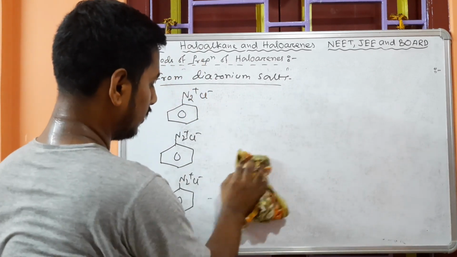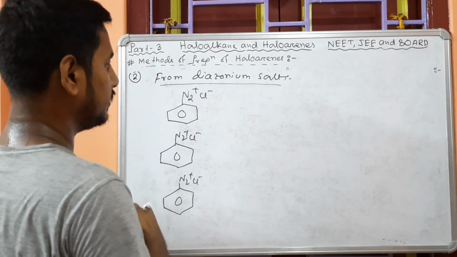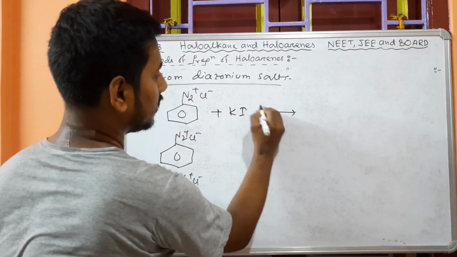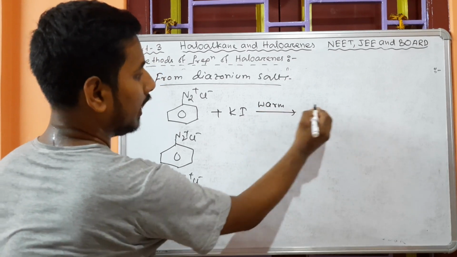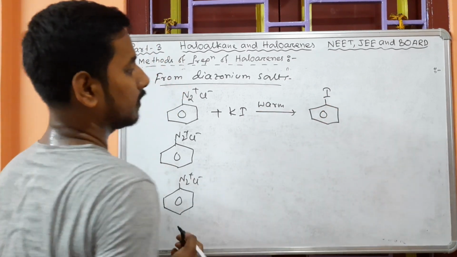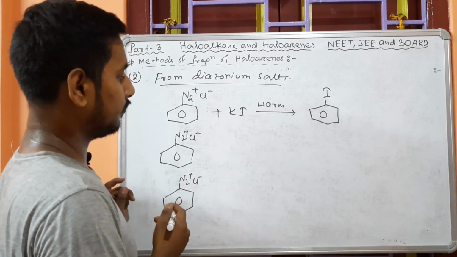In that case, you just react benzene diazonium chloride with potassium iodide and just warm it, and then you get iodobenzene. Now how can you get fluorobenzene?